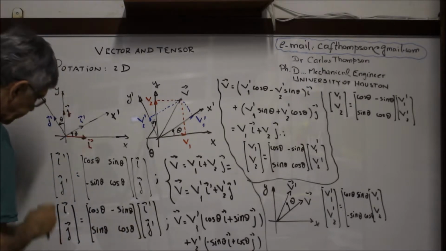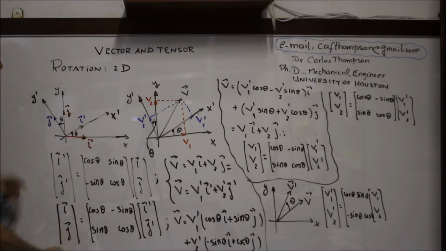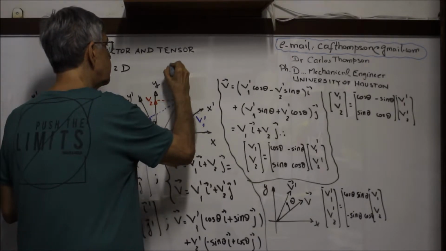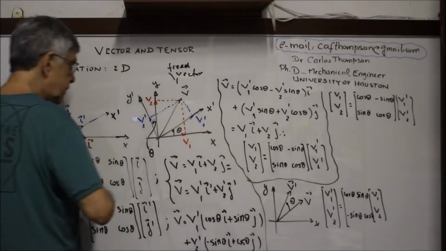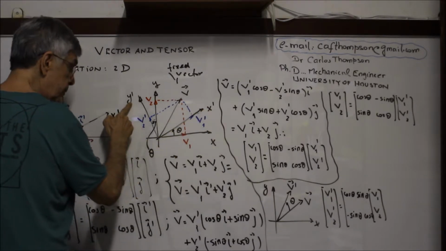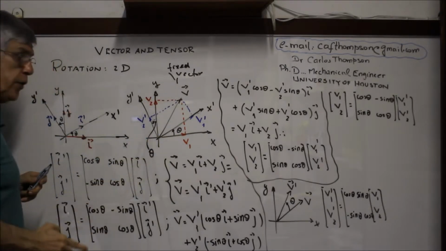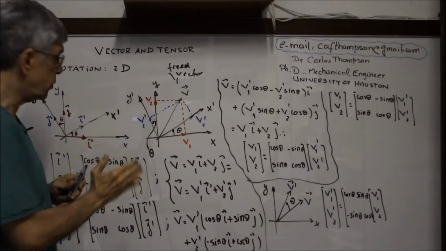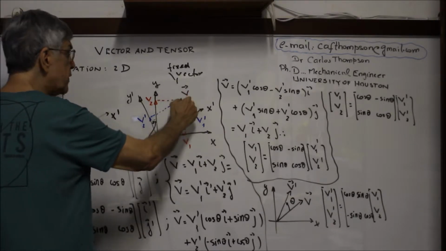Now, pay attention to these 2 matrices over here. Now I have a fixed vector, and I rotate like here. I have x prime and y prime, a rotation of the xy system by an angle theta counterclockwise, by the right hand rule. Now, vector v is a fixed vector.